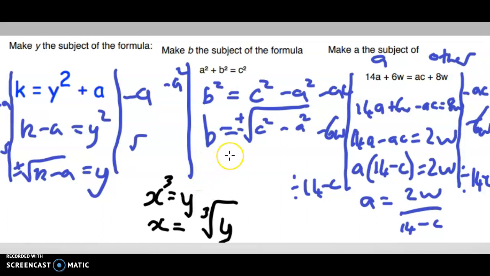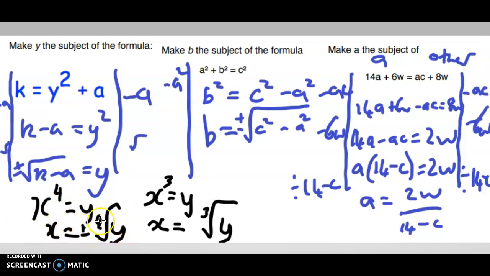Negative times negative times negative gives me negative. It's irrelevant, plus or minus. There's actually not a plus or minus. If x is positive, y must be positive. If y is negative, x must be negative as well. So it's only when you've got ones that have even powers that you need to say plus or minus.